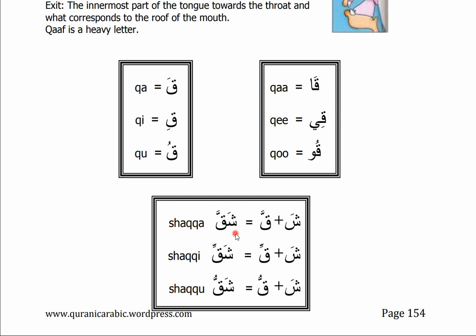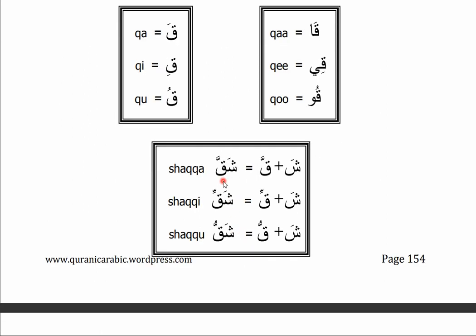Now whenever you come across a word like shaqa, when you want to stop on this letter, you cannot stop as shak. You need to give a little bit of shaking in your sound, like shak. You need to leave the sound shak.